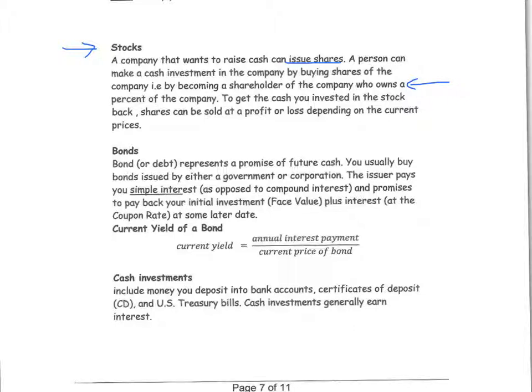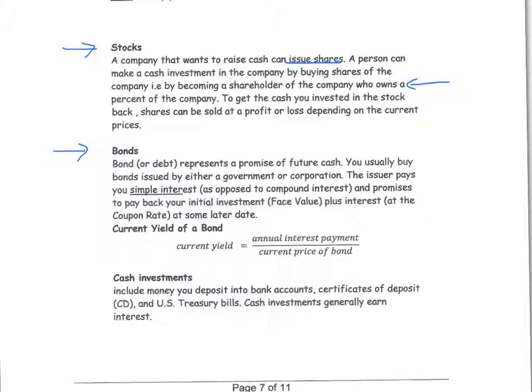Now, another way in which an institution would raise money is by selling bonds. So, what is a bond? You buy a bond from the company for a certain amount of money on the promise that in future they'll give you an amount that is greater. And how does this amount become greater?